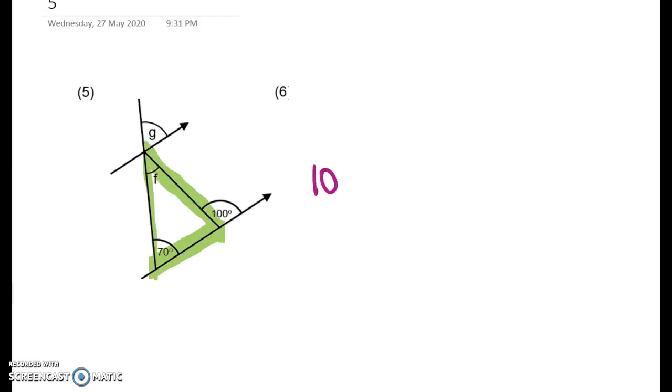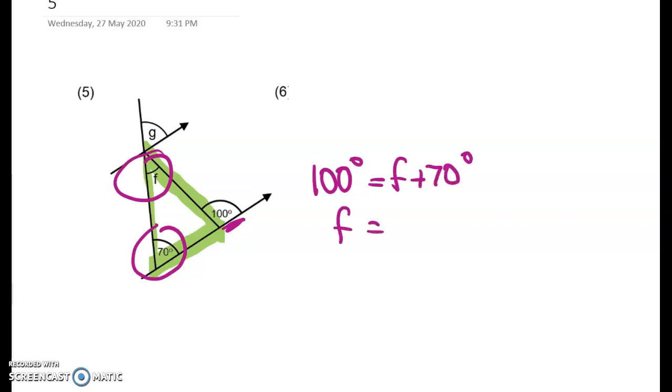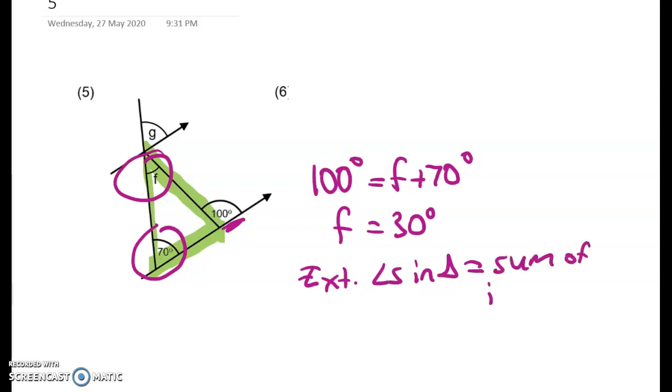We know that 100 degrees here must equal this angle plus this angle. So F is 30 degrees. So the reason for that, the shorthand, is exterior angles in a triangle are equal to the sum of the interior opposite angles.